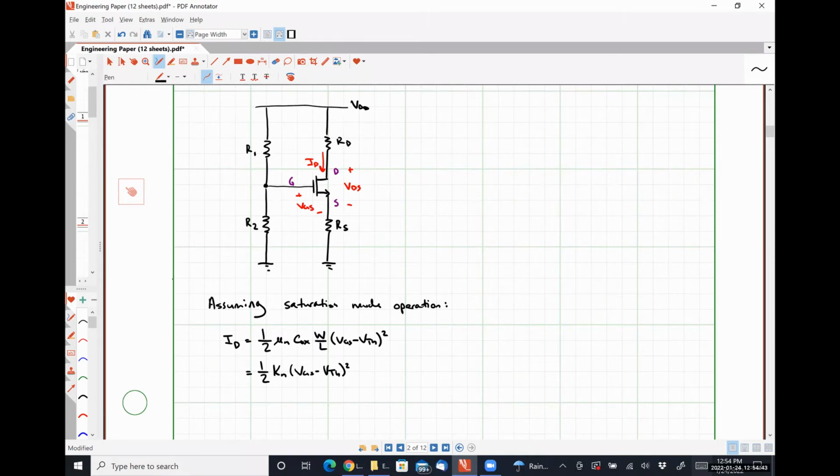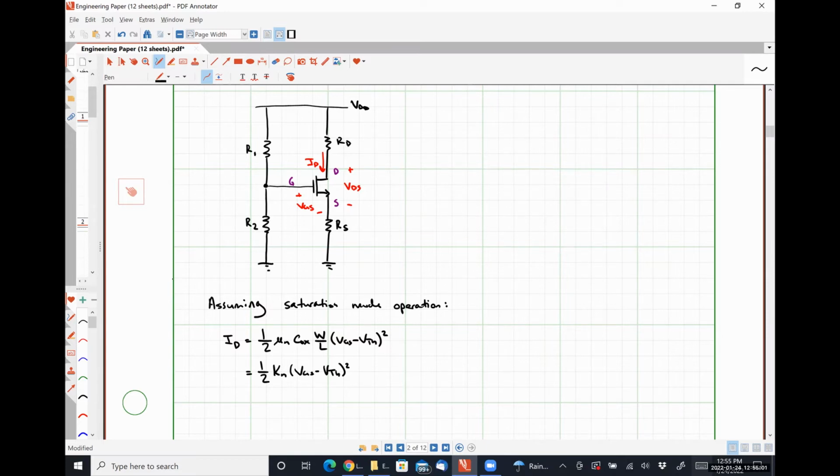So we currently have two unknowns effectively. ID is a quantity we don't know. VGS is a quantity we don't know. So we can figure out at least a part of VGS.